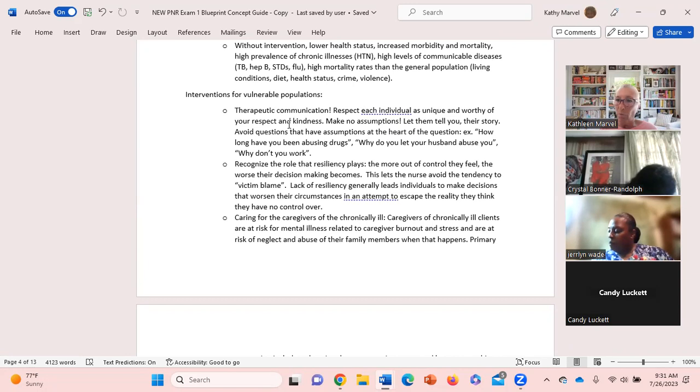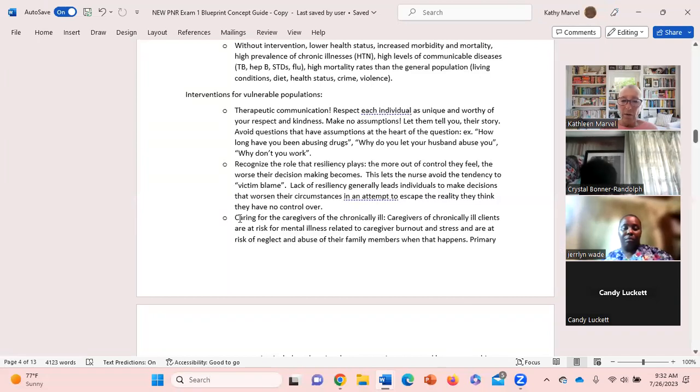It is the most important thing, relationships with these vulnerable populations. Most of them don't want to be where they are, right? You've got to have no judgment, no assumptions, let them tell their story. So therapeutic communication, recognizing the role of resiliency.